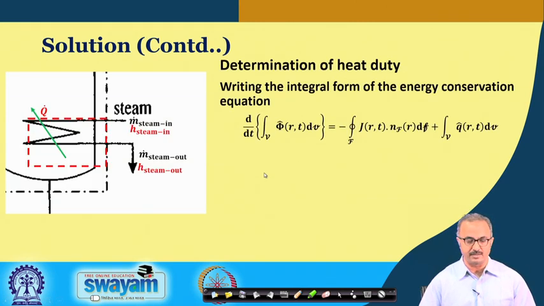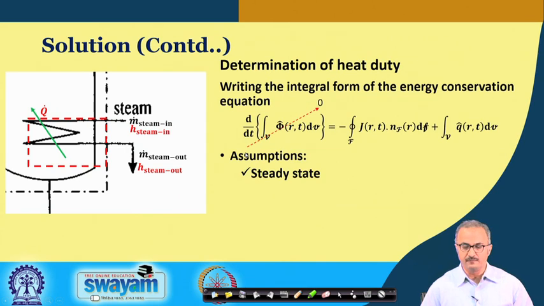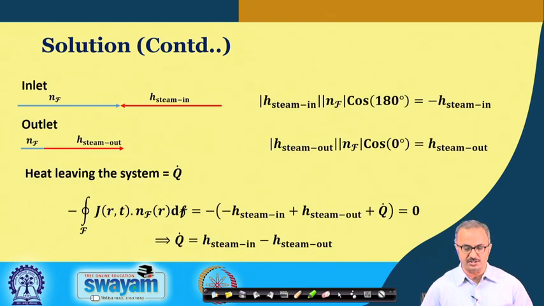Now, for the energy balance, we again write these in terms of the enthalpies with the steady state assumption and no generation term, and we find that for the fluxes, this is the enthalpy going into the system with the steam, and this is the enthalpy coming out with the steam. This particular expression, the heat liberated by the steam, is also taken in the flux term because it is crossing the control surface.